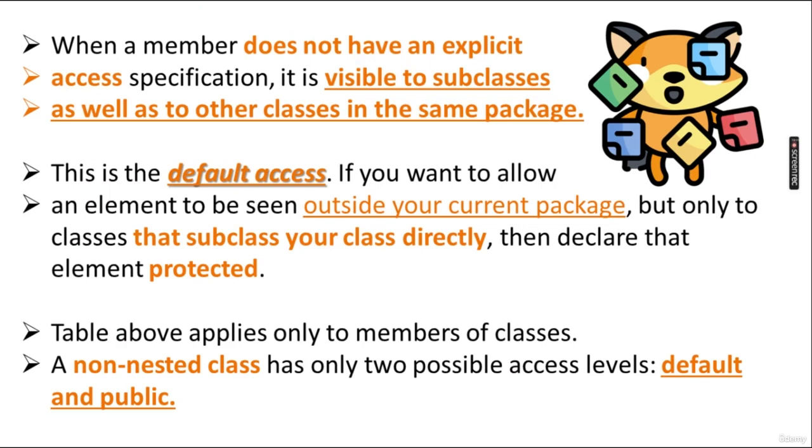When a member does not have an explicit access specification, it is visible to subclasses as well as to other classes in the same package. Write down the line, same package, not outside of the package. This is the default access. If you want to allow an element to be seen outside of the current package but only to classes that subclass your class directly, then declare that element protected.